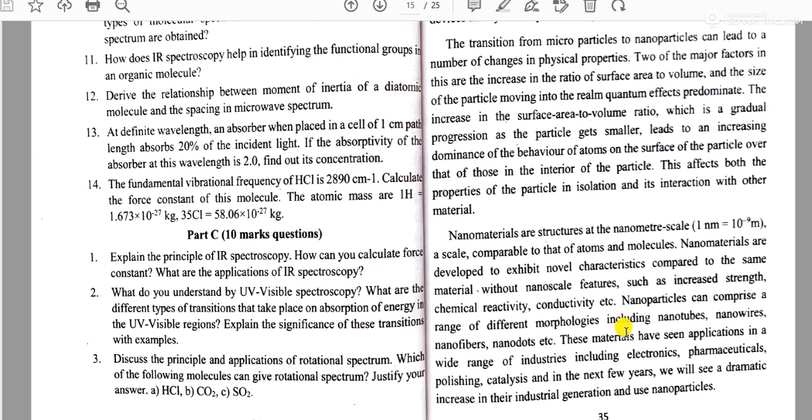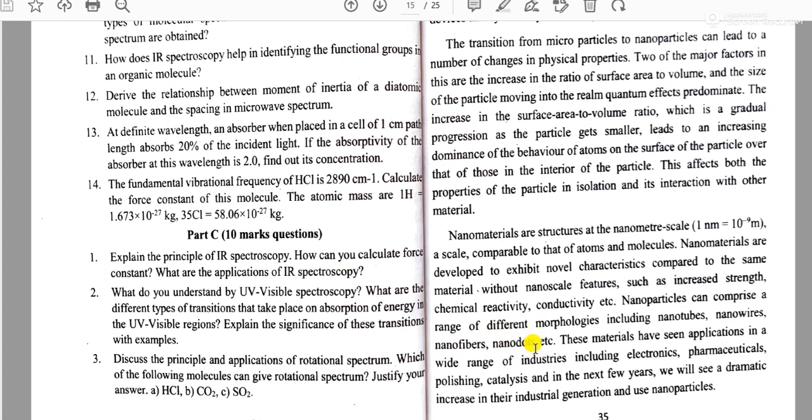It may look like a tube, and then we call it a nanotube, or it may be a thin wire in the nano dimension, so we call it nanowires, or it may be fibers, or it may be a dot. Dot refers to quantum dots, semiconductor quantum dots, so we call them nanodots.